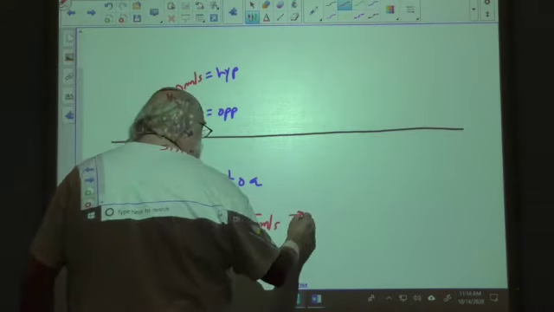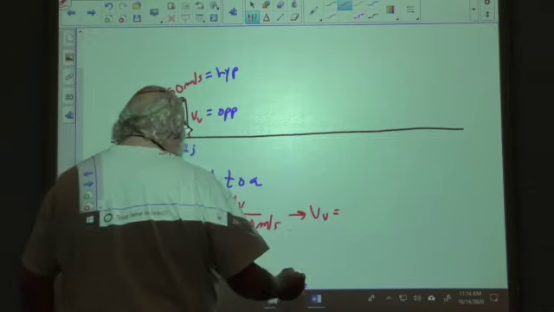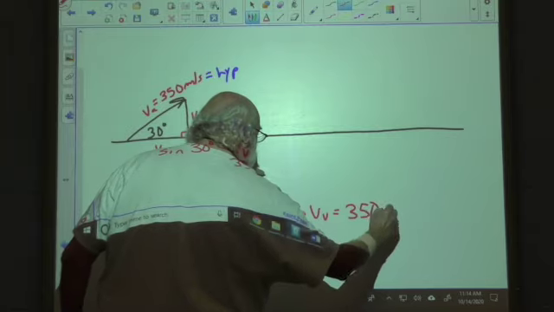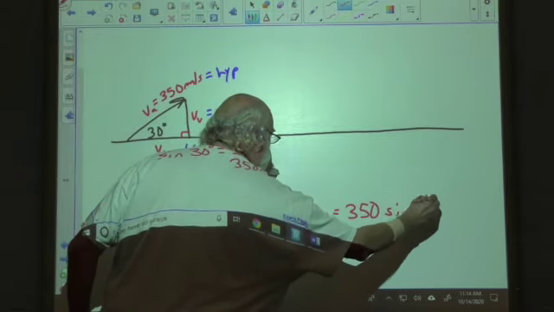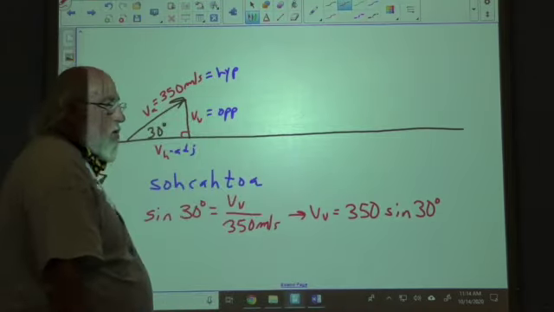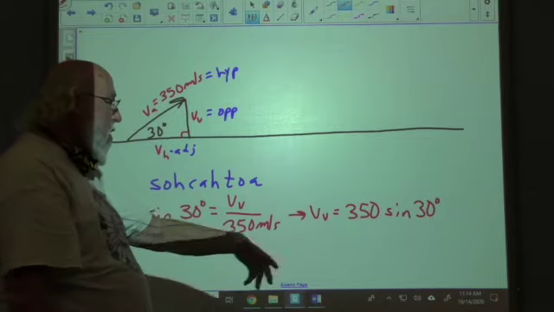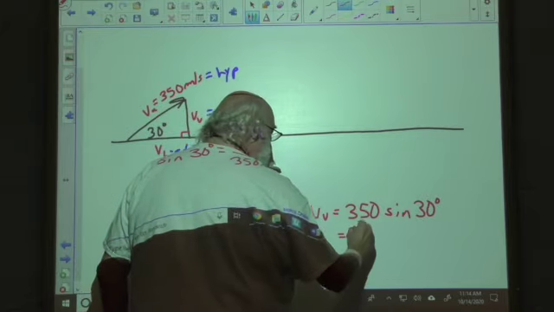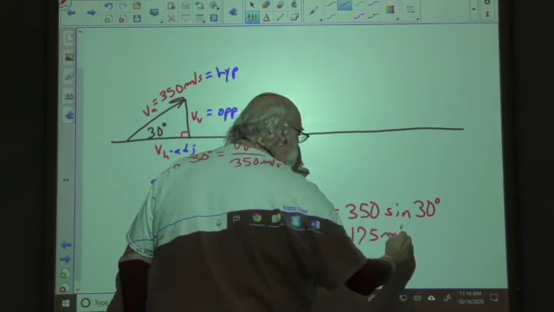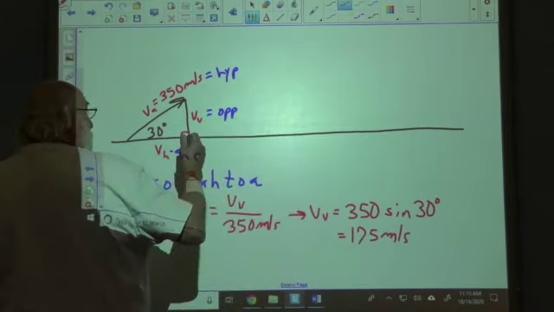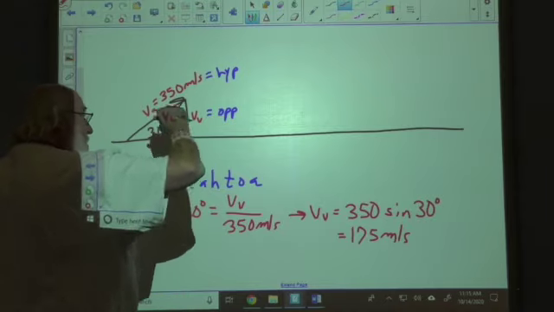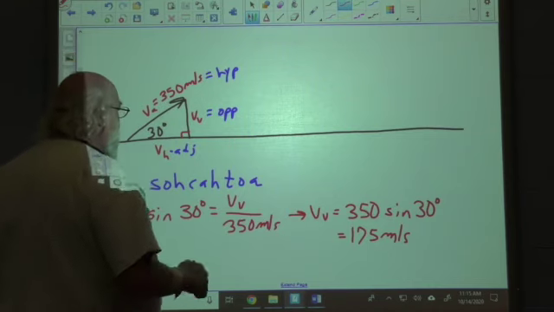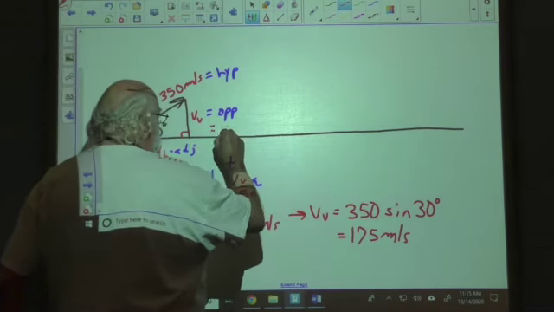So the vertical velocity is going to be 350 sine 30 degrees. And I just happen to know this because the sine of 30 degrees is always equal to 1/2, so the answer is 1/2 of 350, which is 175 meters per second. So the initial upward velocity is 175 meters per second.